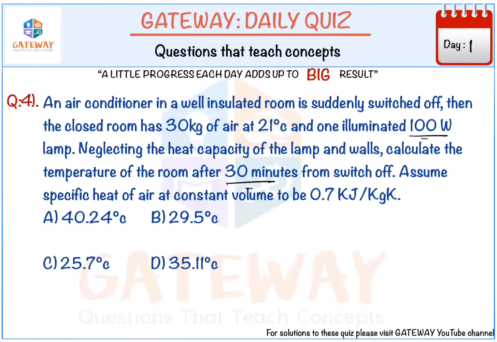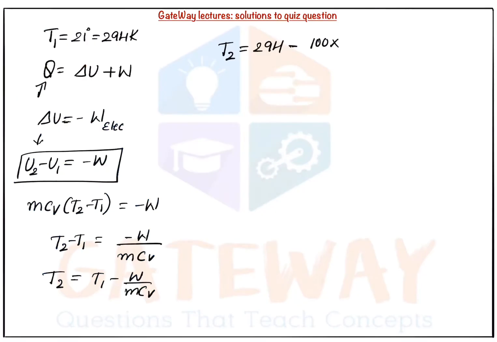if you observe, they asked for 30 minutes. Here we need the value in kilojoules, but it is in watts, so we need to convert. So 30 minutes into 60 seconds, so this will finally be converted into joules. Also, work is crossing the boundary, and if the room is the system, then work is being done on the system.